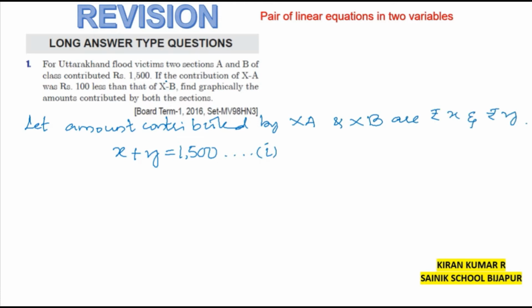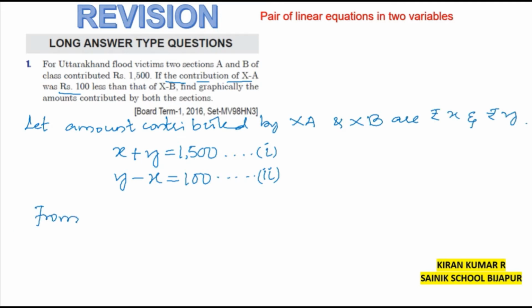One more condition is that the contribution of 10th A was 100 rupees less than 10th B. It means the amount contributed by 10th B minus the amount contributed by 10th A will be rupees 100. This is our second equation. With these two equations, I have to plot the graph to find the solution graphically.